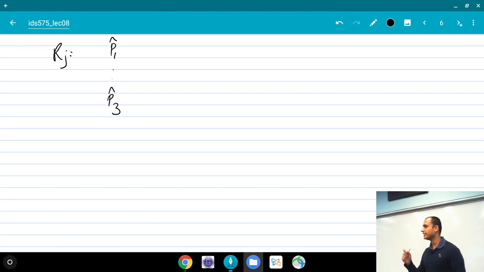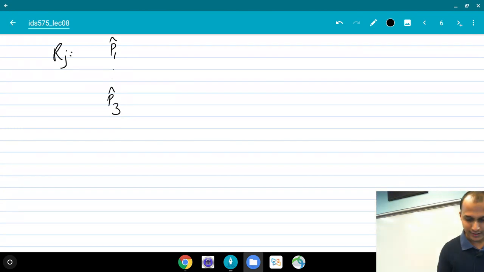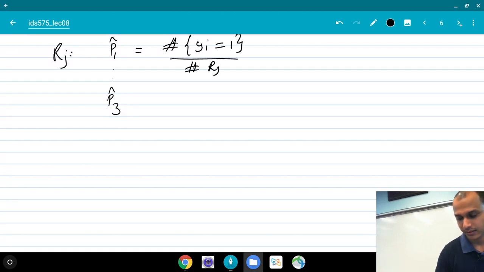In the previous case there was one c value for a region. Here I'm going to have 3 numbers, because I have 3 classes, and these naturally are supposed to tell me the conditional probability of being in that class if I'm in this region. The expression is simple: just the number of points where yi was equal to that class divided by the number of points in that region.